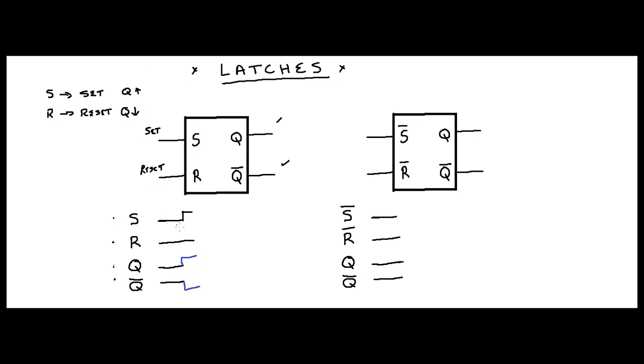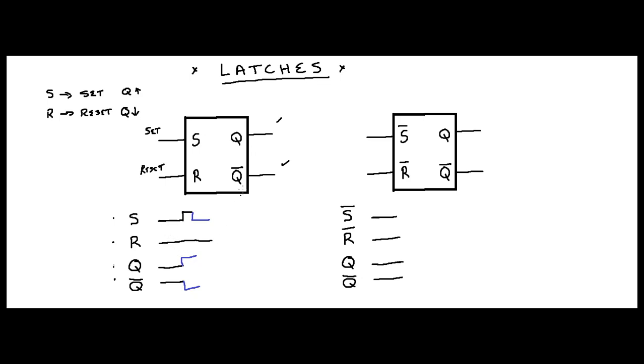Now, set comes back down to 0. Okay? So, what do you think is going to happen? Nothing. Alright? When set is 0 and reset is 0, it stays in its current state.